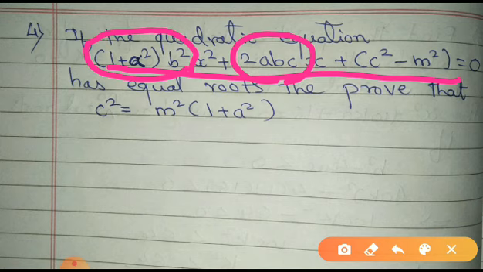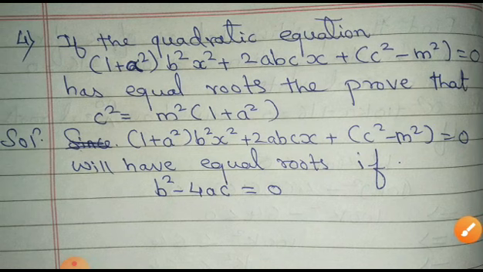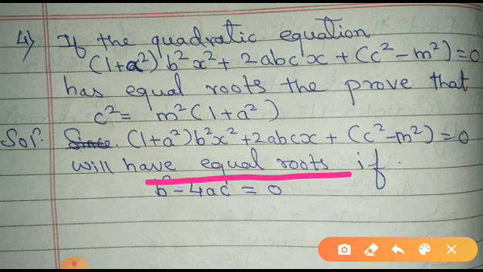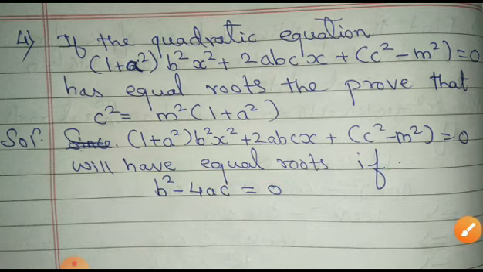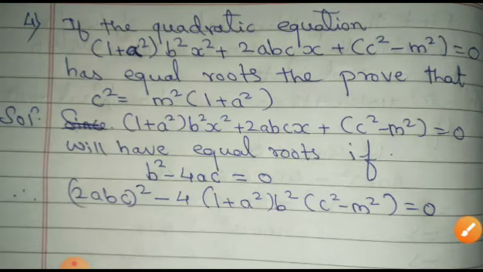Now, since it has equal roots, the discriminant is equal to 0. Just substitute the values of a, b, c from the above quadratic equation.